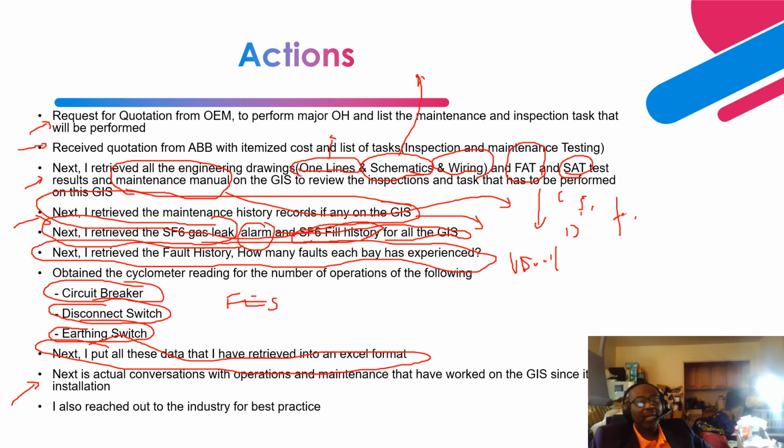So I went ahead and had a discussion with them to obtain any other information that I haven't gotten yet from the database, because remember, all the maintenance history, one-lines and three-lines are part of the engineering and maintenance database. But other information I have to get on hand, face to face, talking with this maintenance staff.